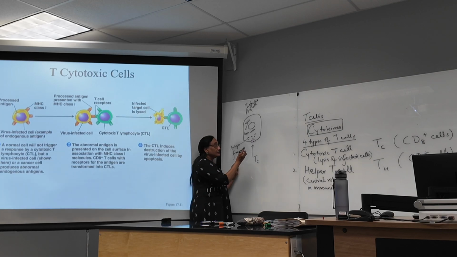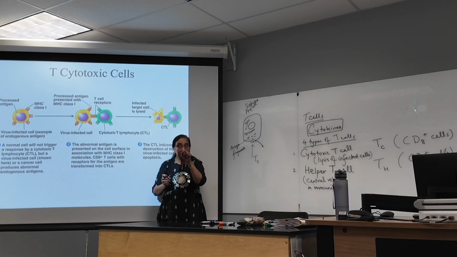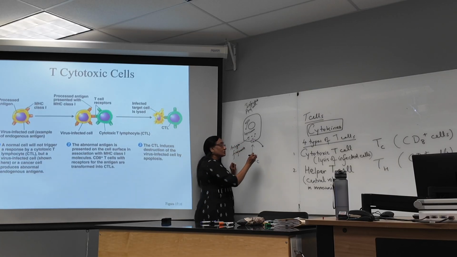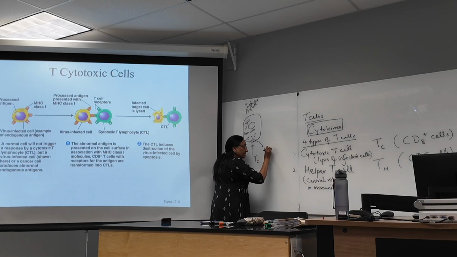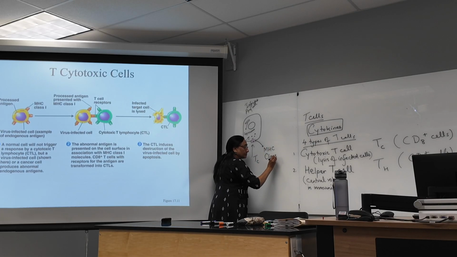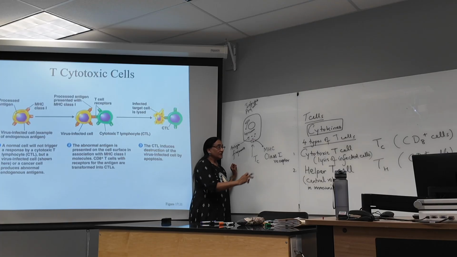This cell receptor on which the antigen fragment is exposed is called the MHC class 1 receptor. It's a protein on the plasma membrane.